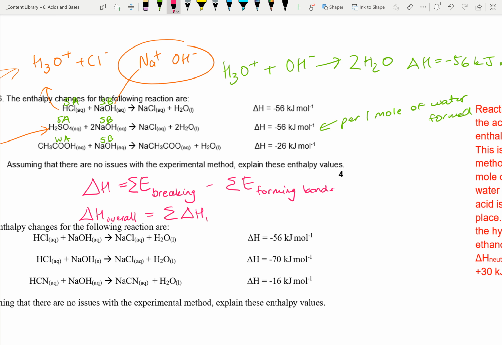So you might probably just get something like this: change in H of reaction 1 plus the change in H of reaction 2 plus the change in H of reaction 3. Okay. So we've got 3 enthalpy changes that we need to keep track of. We've got the enthalpy of neutralization. We've got the enthalpy of ionization, which is going to be our focus for explaining the ionizing.